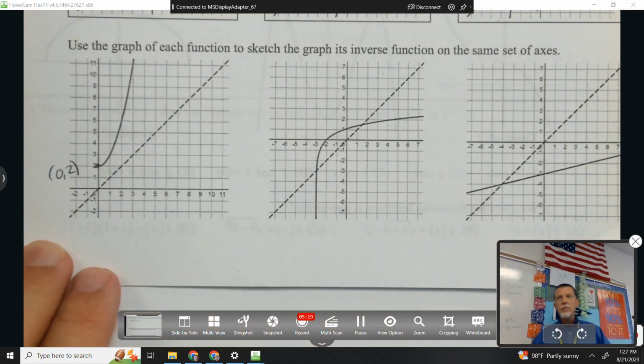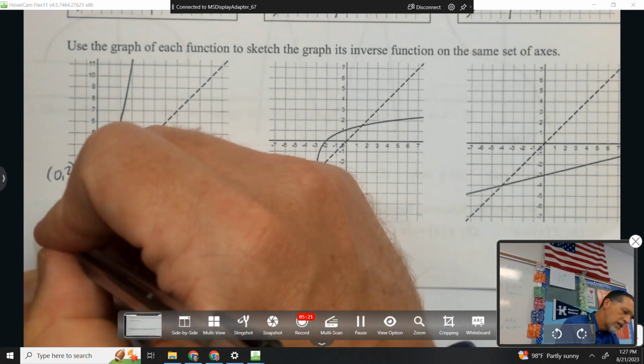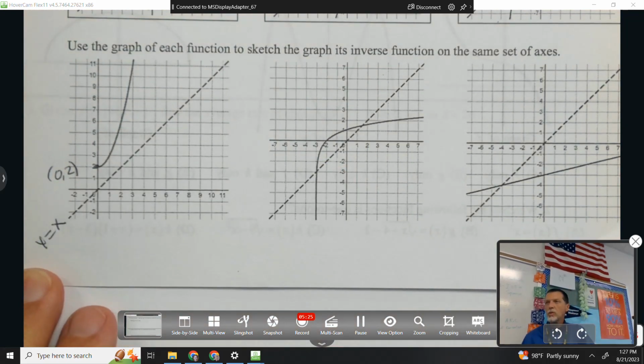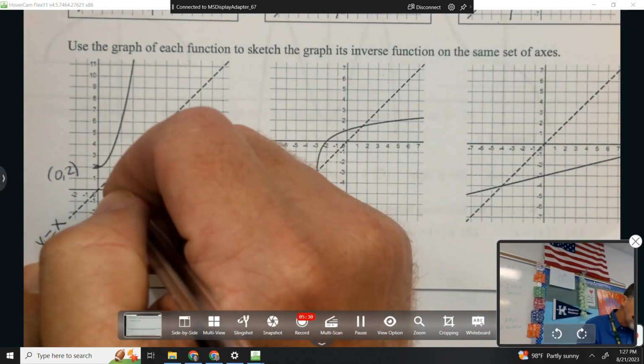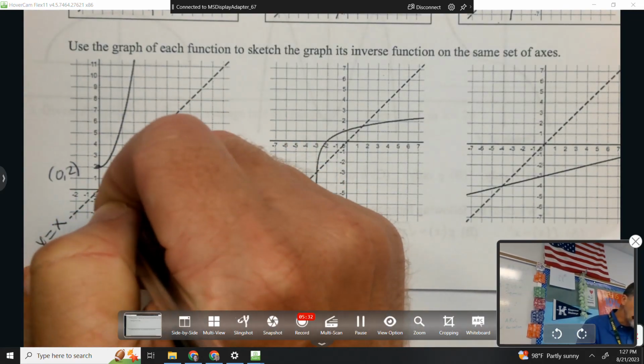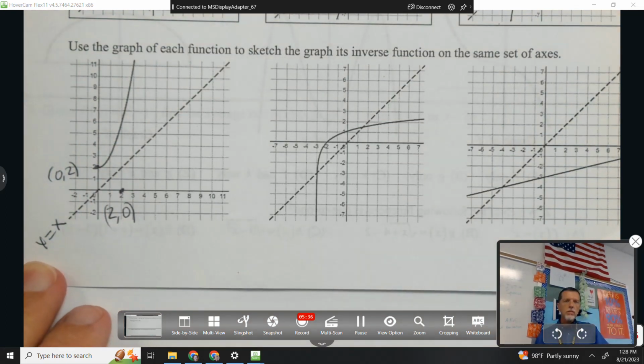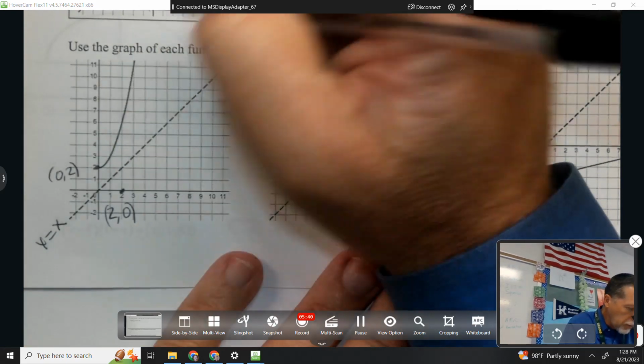If I want to flip it across this line, y equals x, which means x equals y, that means switch the x and y, what I said at the very beginning. So 0, 2 becomes 2, 0. Then let's pick another point to reflect, preferably some integer points.